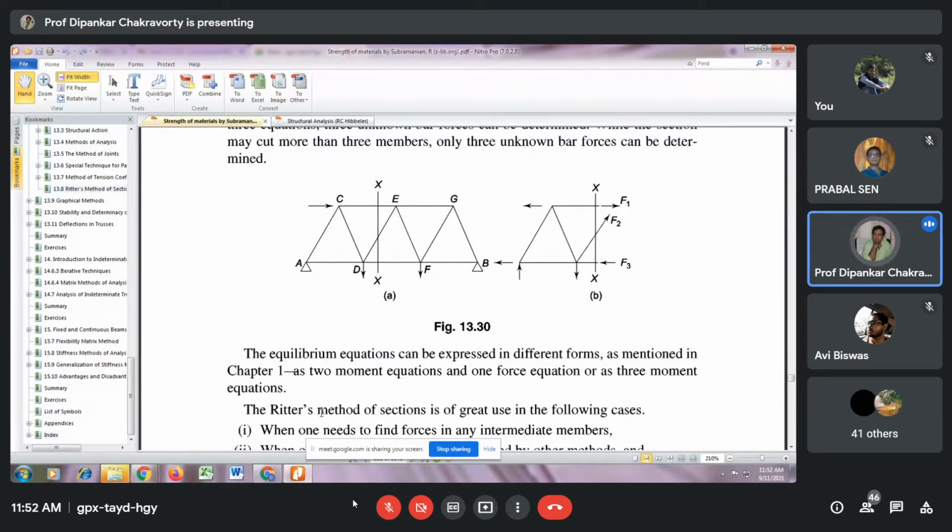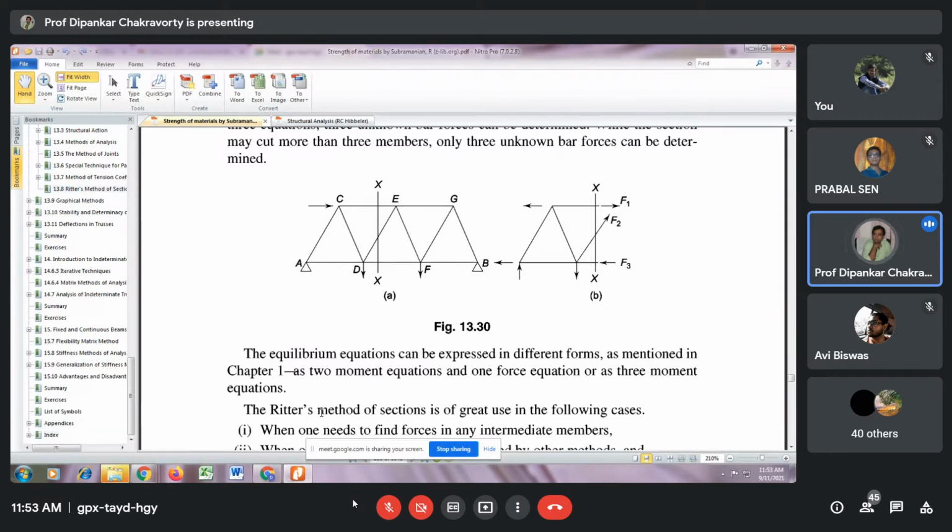In method of sections as well, you have to take sections, but you have to keep in mind that the section should not cut more than three members, because in a single go you cannot solve more than three unknowns. In the case of non-concurrent coplanar forces, you get three equations of equilibrium: summation Fx = 0, summation Fy = 0, and summation M = 0. Is it clear to you?